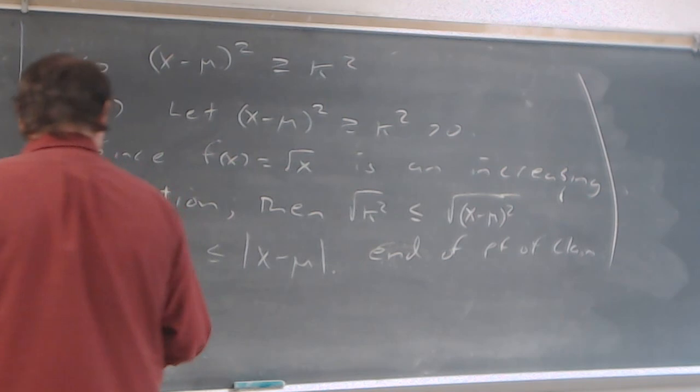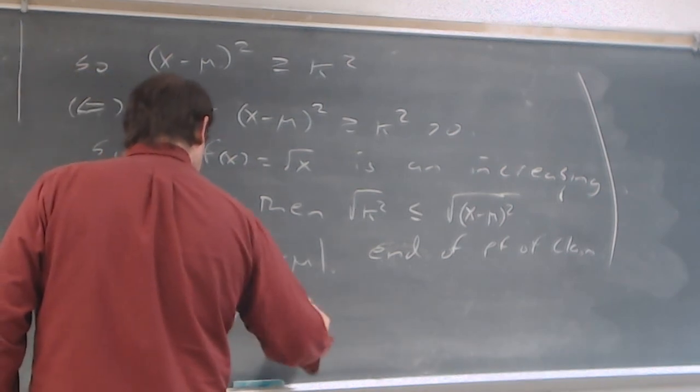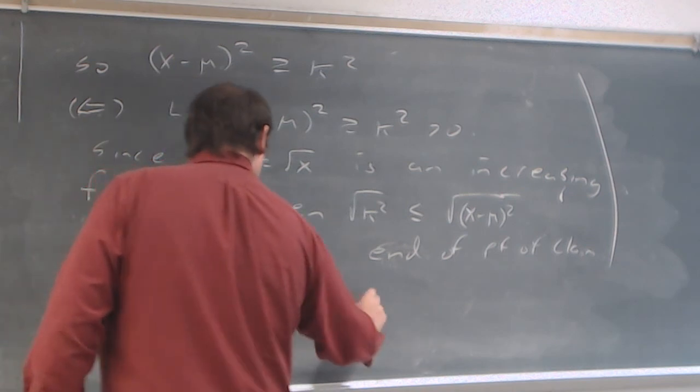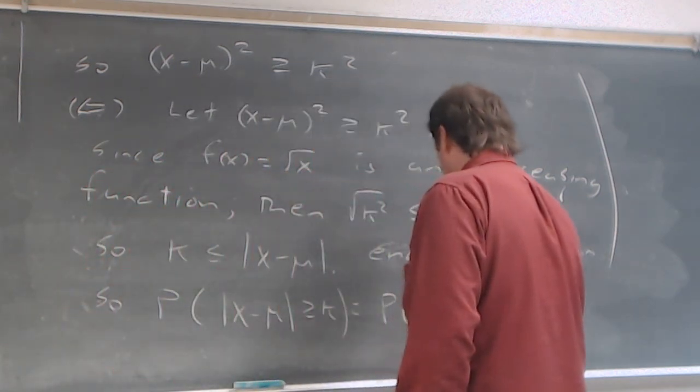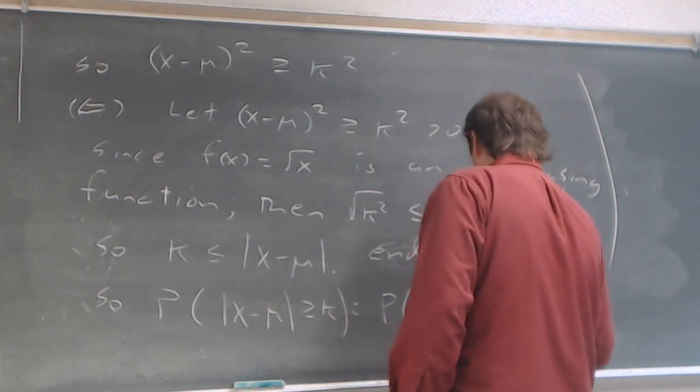So here's what we're looking at. We're looking at the probability that the absolute value of x minus mu is bigger than or equal to k. Okay? That's the same thing as the probability that (x minus mu) squared is greater than or equal to k squared.